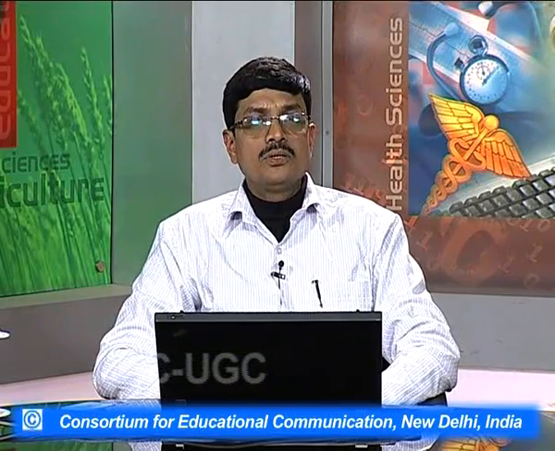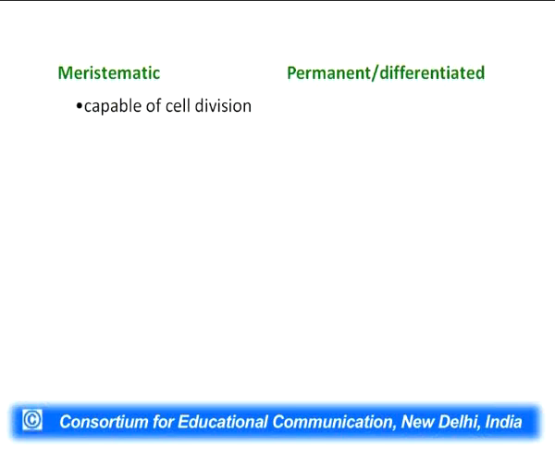This is probably known to most of you, and probably you have read in your biology books that meristematic cells are mostly thin walled cells, and they are capable of cell division. So, they continuously divide, or at least if not dividing, they are capable of dividing, and to enable them to divide easily, usually the cell wall is thin, so that they are more amenable to cytokinesis.